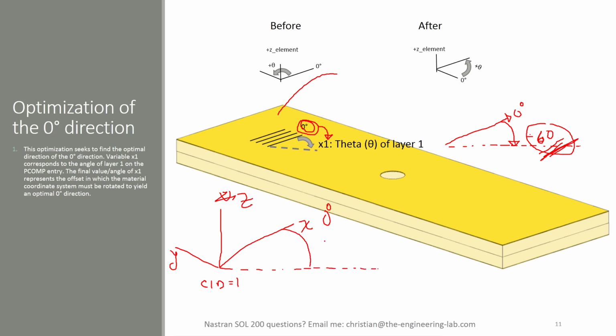In this case, we've rotated the coordinate system 60 degrees. When we rotate the coordinate system, we then rotate or move the x-axis, which again defines the direction of the 0 degree plies. So that's what we're going to do. We're going to let the theta of ply 1 vary. Once we know this new theta, it is going to be used as an offset for the coordinate system.